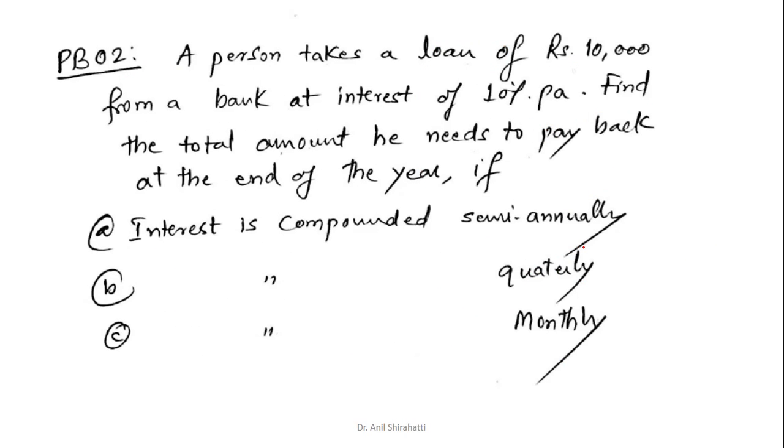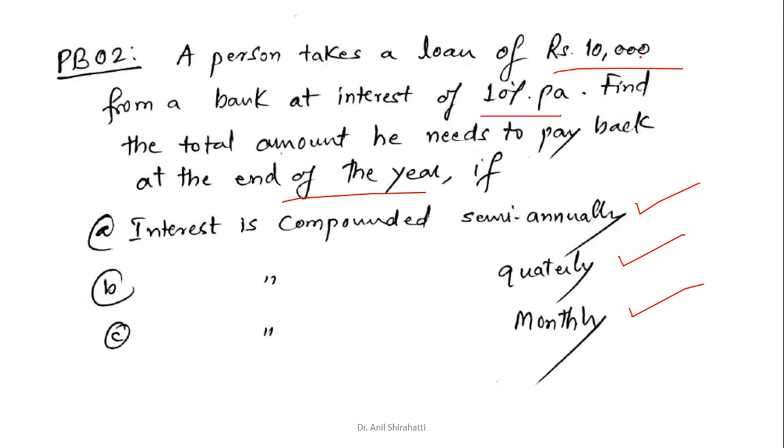Now let's solve one more problem. In this problem, a person takes a loan of rupees 10,000 from a bank at an interest rate of 10% per annum. If nothing is written, by default it is per annum. Find the total amount he needs to pay back at the end of the year if interest is compounded semi-annually, quarterly, or monthly.